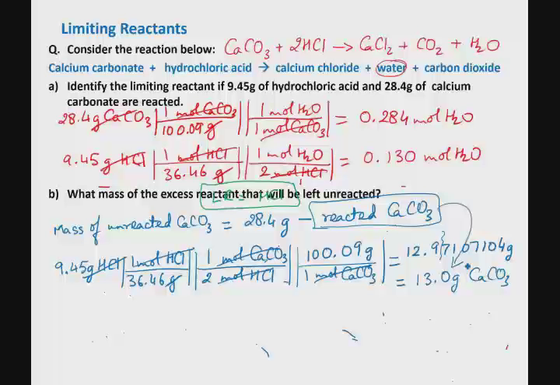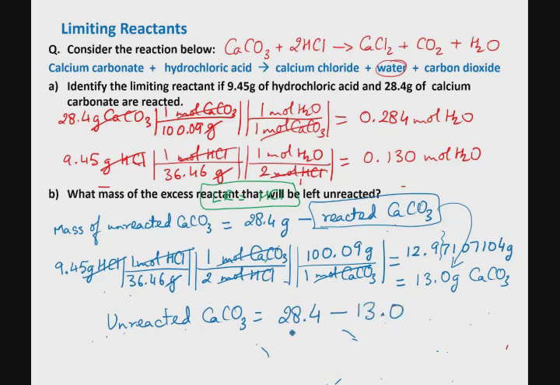So therefore, mass of unreacted calcium carbonate will equal the mass of calcium carbonate that we started with minus the mass of calcium carbonate that was consumed, gives us 15.4 grams of calcium carbonate that will be left over.